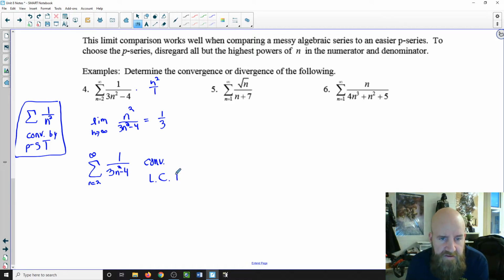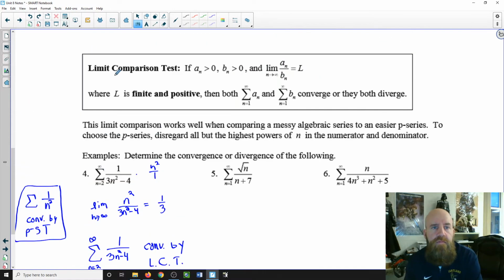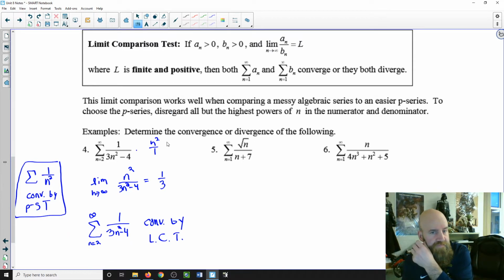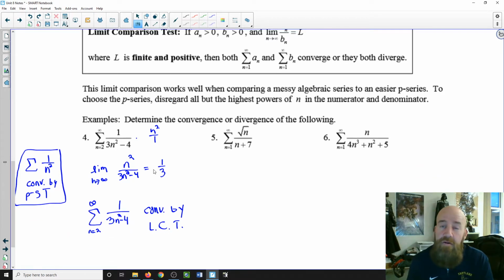LC or LCT, whatever you want to write. You could write it out too, limit comparison test. But that's how we do that. So let's take a look at the next one. Get a couple examples in.